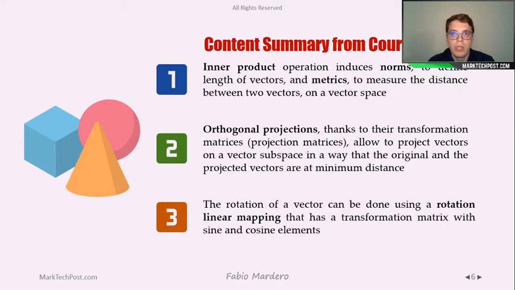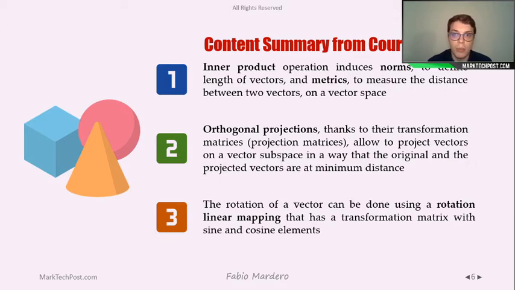In the second course, the one about analytic geometry, we defined some geometry concepts. If we want to define the length of a vector, we use norms. If we want to measure the distance between two vectors, we use metrics. Finally, metrics and norms are induced by a particular operation, the inner product.